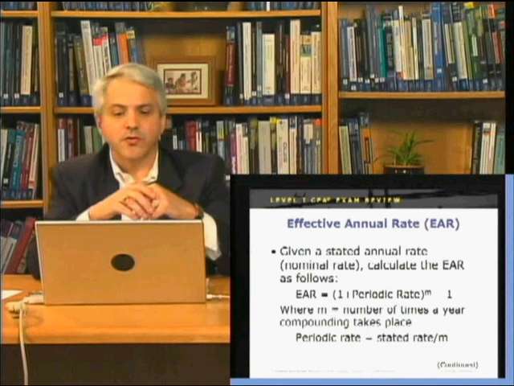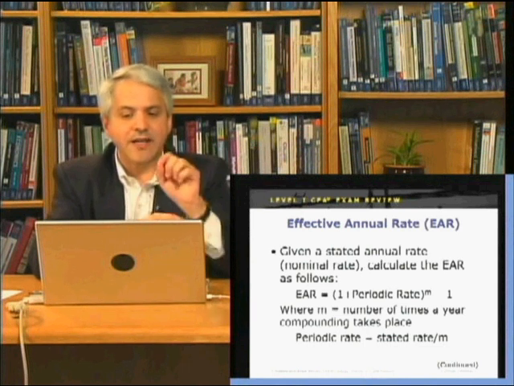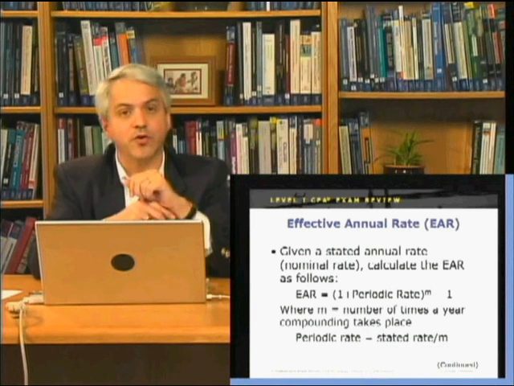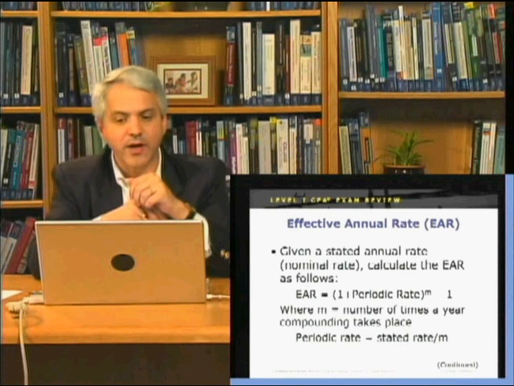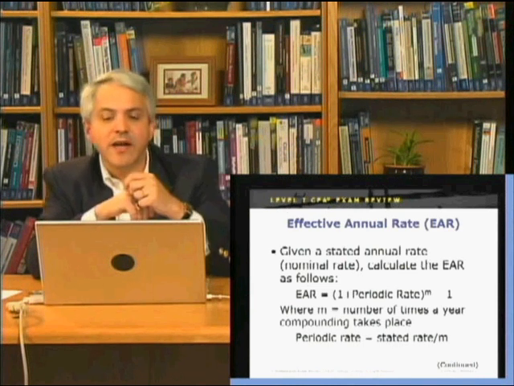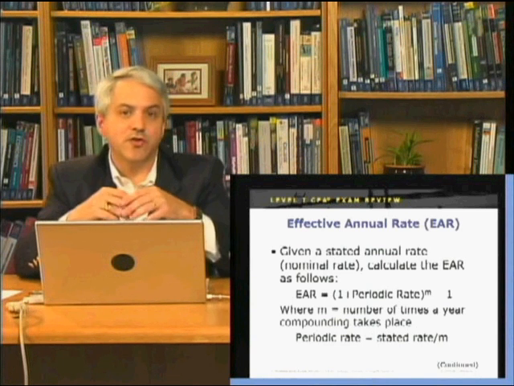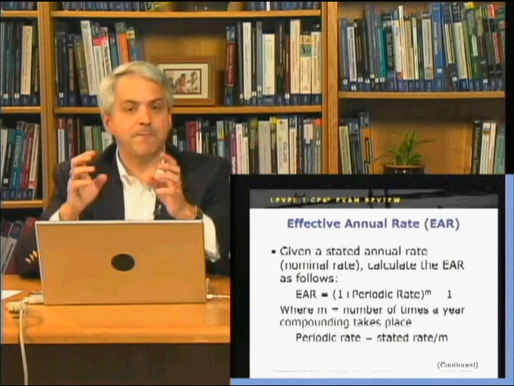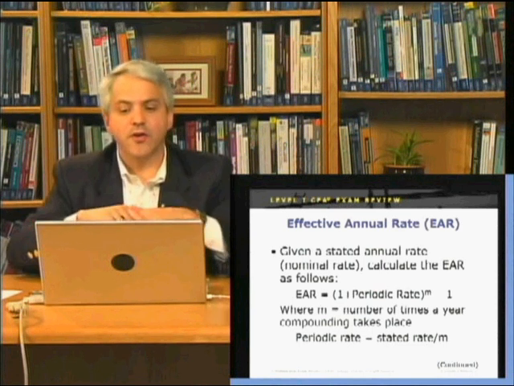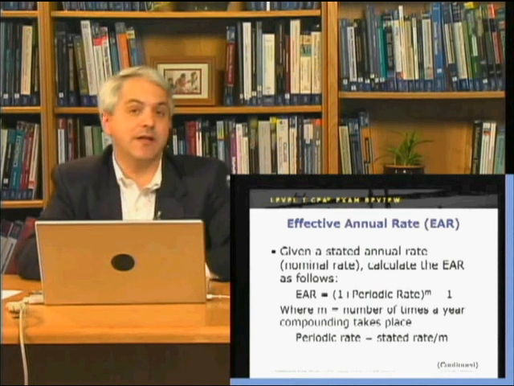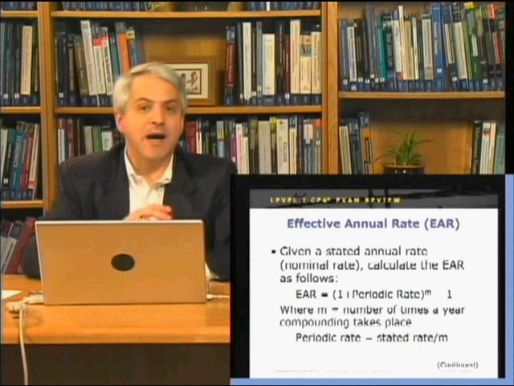So there will be a basic relationship between this effective rate and this nominal or stated rate out there in the marketplace. If we have a stated annual rate, which is also determined a nominal rate, we would calculate the effective annual rate as follows. The effective annual rate is going to be equivalent to 1 plus the periodic rate raised to the number of periods or times a year that the compounding takes place, minus 1.